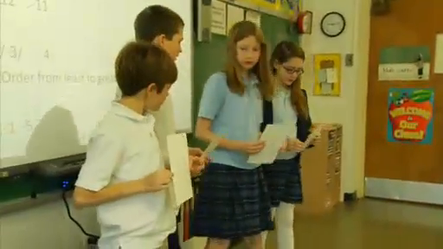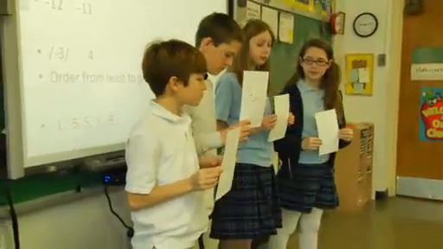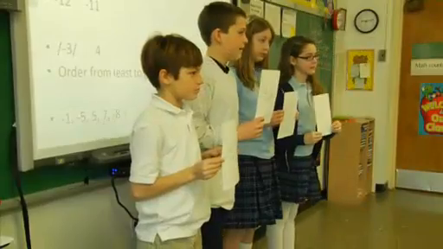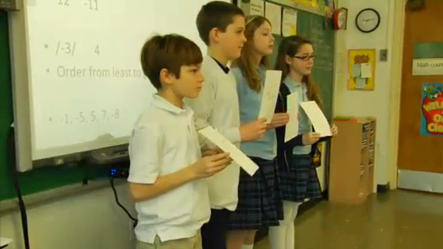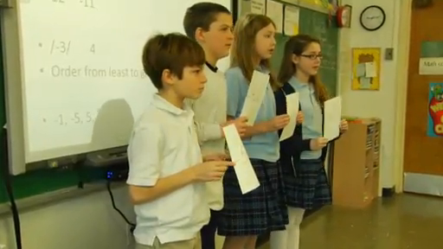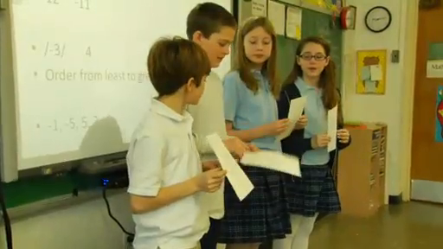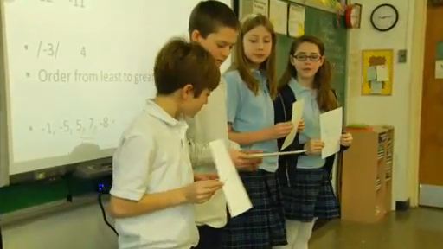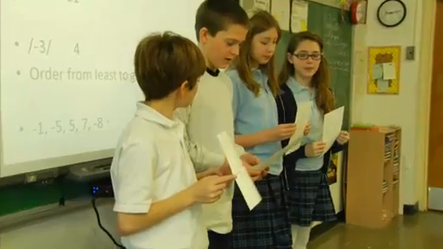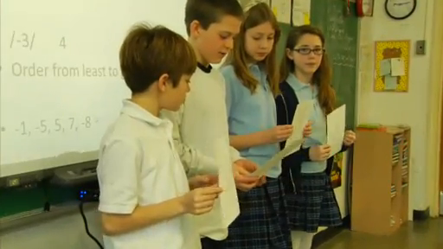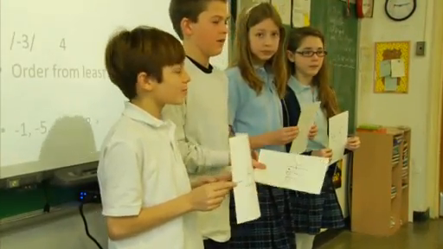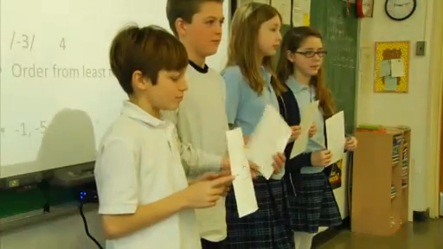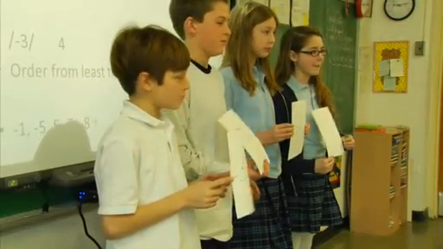Hold them up when you're ready. Okay. What was your strategy? Who would like to tell us your strategy? Go ahead, Michael. Well, we just saw which fractions were bigger and smaller, and then we just lined them up. Okay, Casey, any more thoughts on strategy?